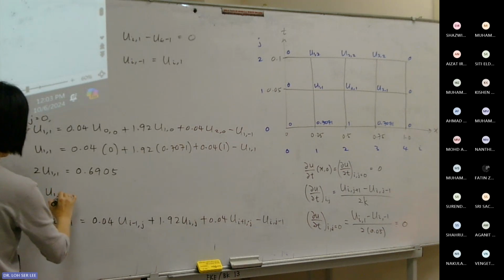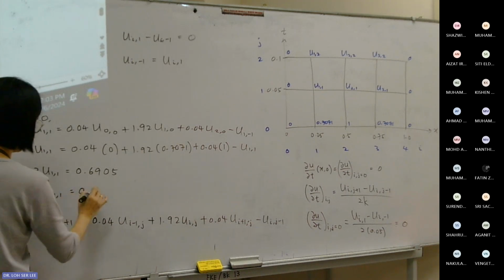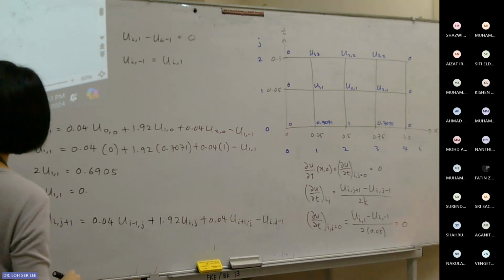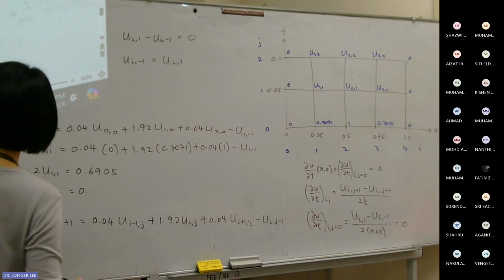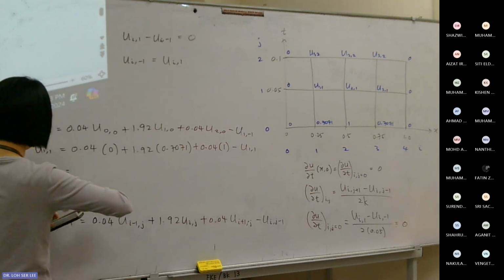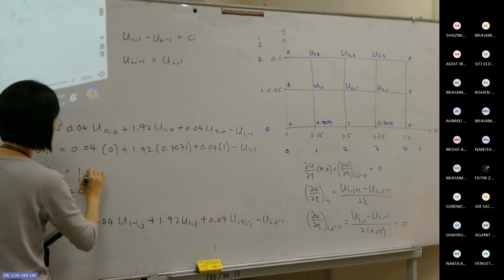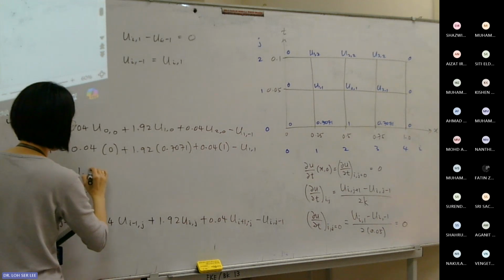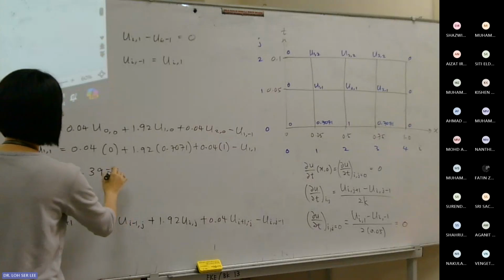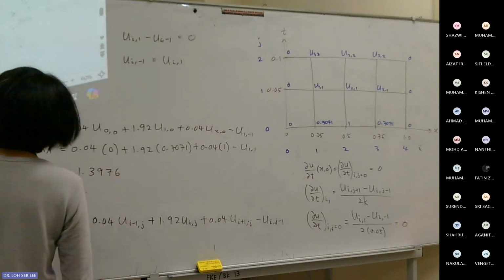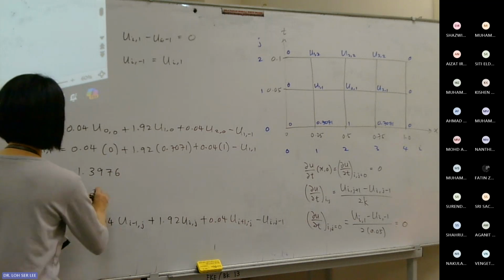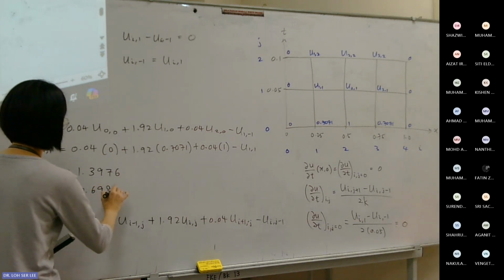So your U11 will be 1.3976, divided by 2, 0.6988.